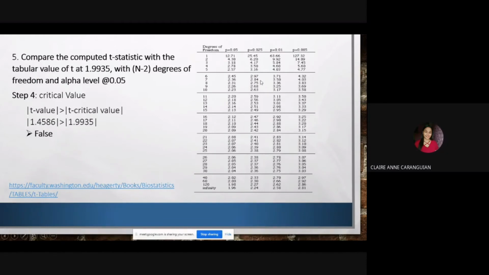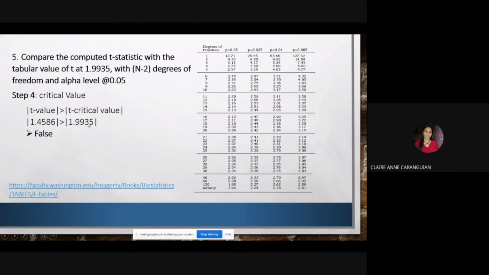Ito yung table at 1.9939. Ibig sabihin ng tabular value, ito yung t-critical value sa table, which is 1.9937.